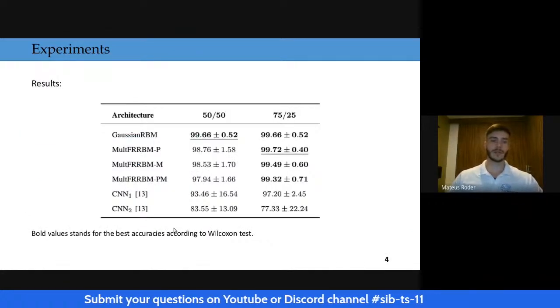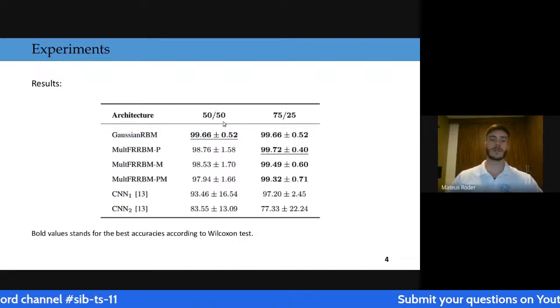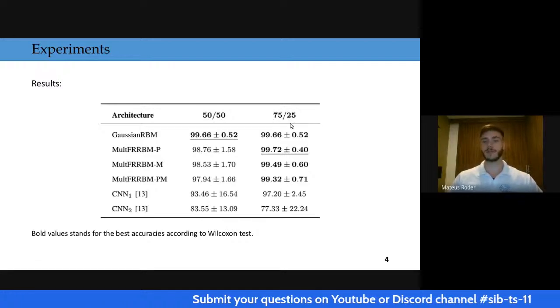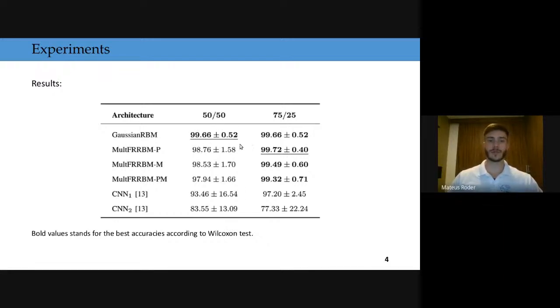The results achieved on the given dataset, regarding 2 data splits, 50-50 for training and test and 75-25 for training and test, showed us that the Gaussian RBM achieved the best result overall, and the multimodal RBMs also achieved great results, better than the baselines from the baseline work.